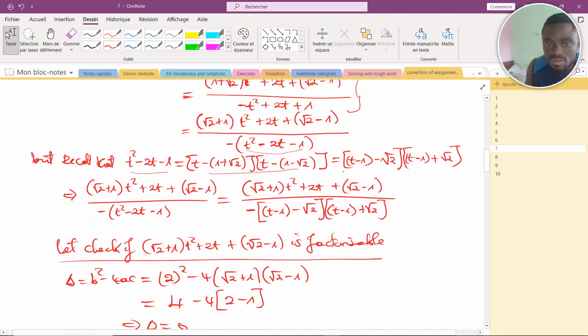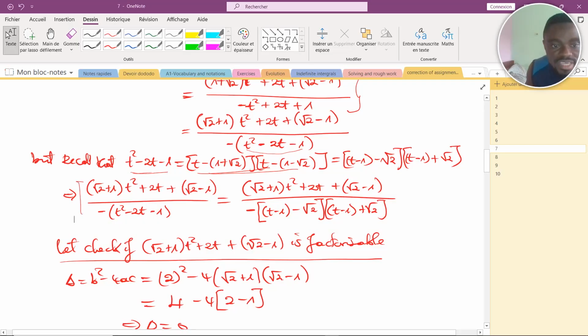Is that okay? So I'll group this is equals to this. This minus will come in and I'll have t minus 1 minus root 2, because the minus will affect this root 2. And this minus this, I'll have t minus 1 plus root 2, because the minus will affect this minus root 2. Is that okay?